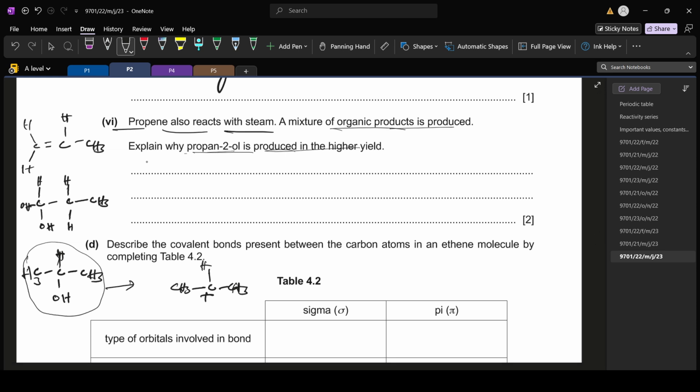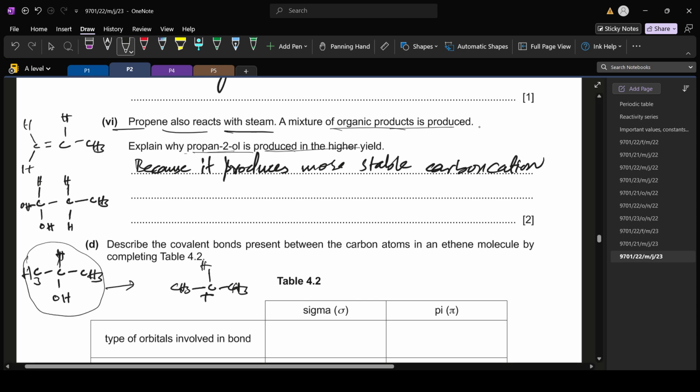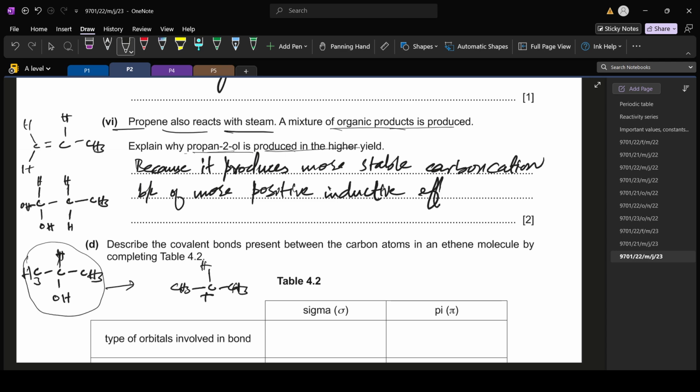So that's why this propan-2-ol will be produced in higher concentration, because it produces a more stable carbocation, because of the positive inductive effect, the electron donating effect of more alkyl groups.